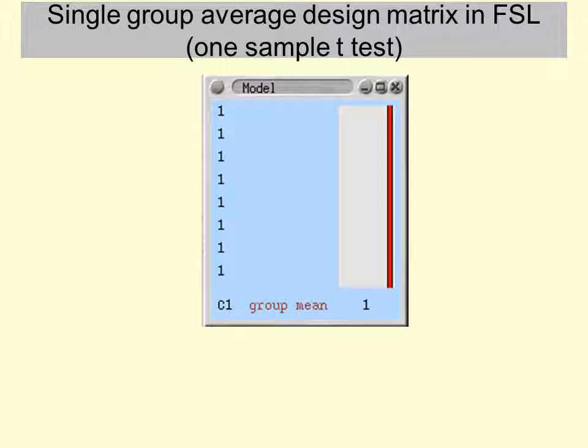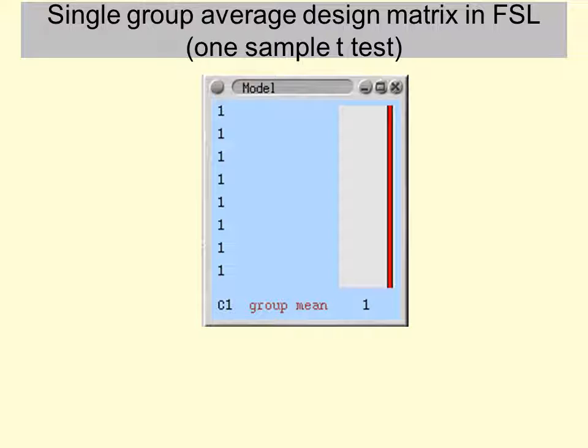So therefore there aren't any participants being excluded here from this explanatory variable as they were on the last slide, because there are no values of 0 in the explanatory variable. This positive number will just get multiplied by whatever parameter estimate is the best one to fit the combined data of the participants, and of course the best model is basically going to be the mean at each voxel location across the participants. So this will in effect calculate the mean across the participants at each voxel.